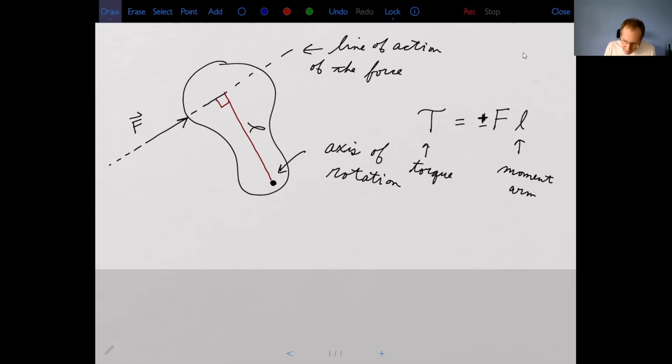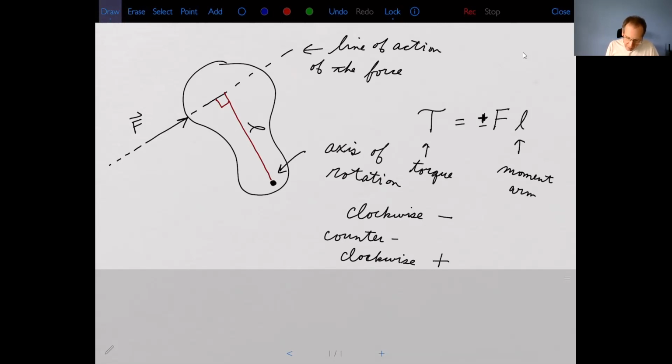So by definition, if a force tends to rotate an object clockwise, the torque is going to be negative. So clockwise is negative and counterclockwise is positive. It's just a definition. Just have to remember that. Clockwise, negative; counterclockwise, positive.